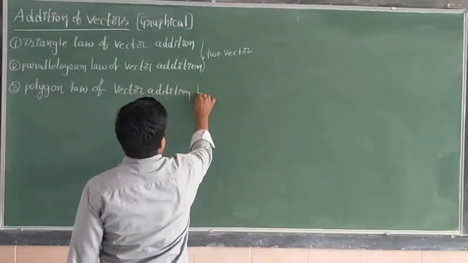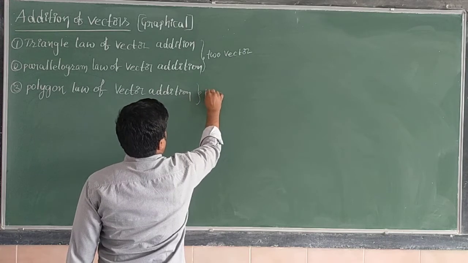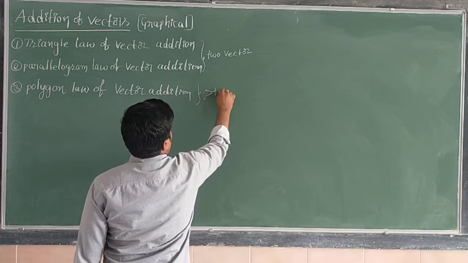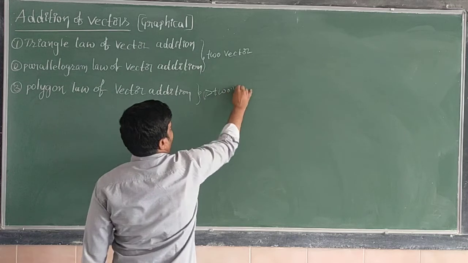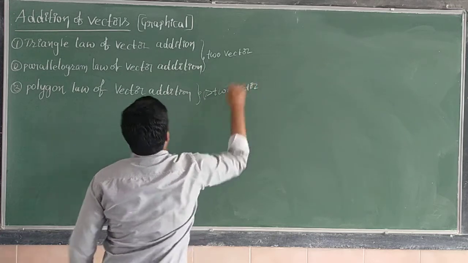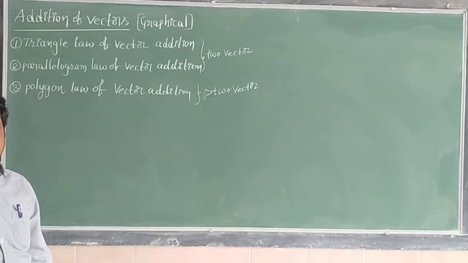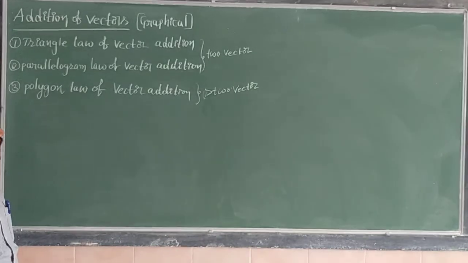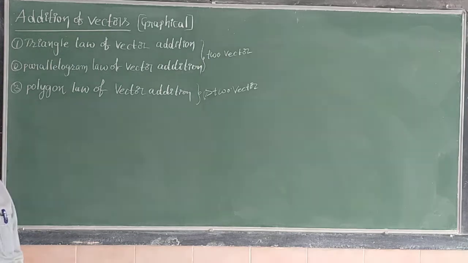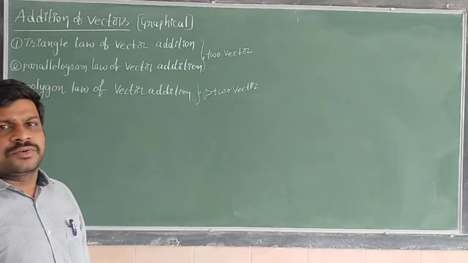Suppose more than two vectors are there, then which law do we use? The polygon law. The polygon law of vector addition is useful to add more than two vectors.